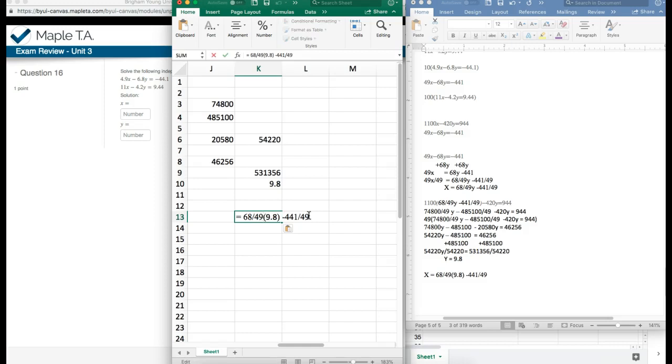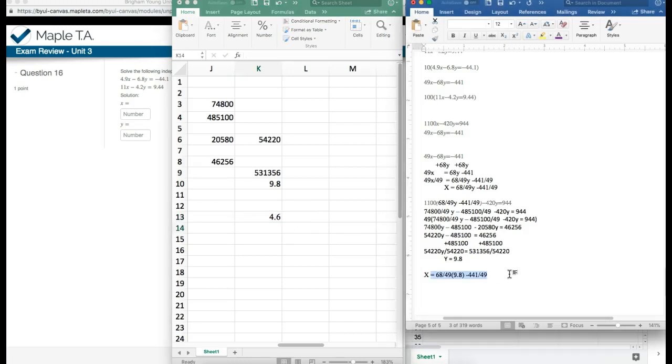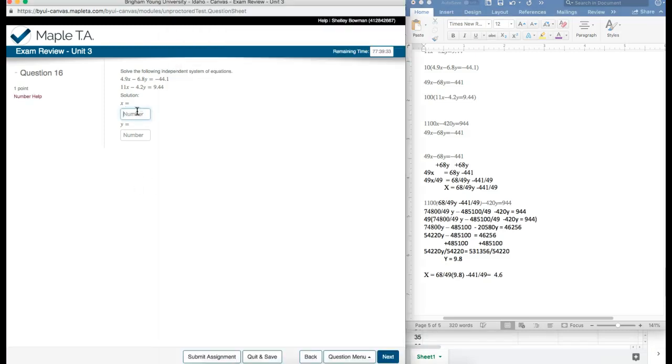I have to tell Excel that I want to multiply here and take out any of these spaces. It seems to throw Excel off sometimes, but I think everything else looks good. Okay, let's press enter, and this gives me x being 4.6. Oh, I should put an equal sign. There we go. And so I can put those in here for x is 4.6 and y is 9.8.